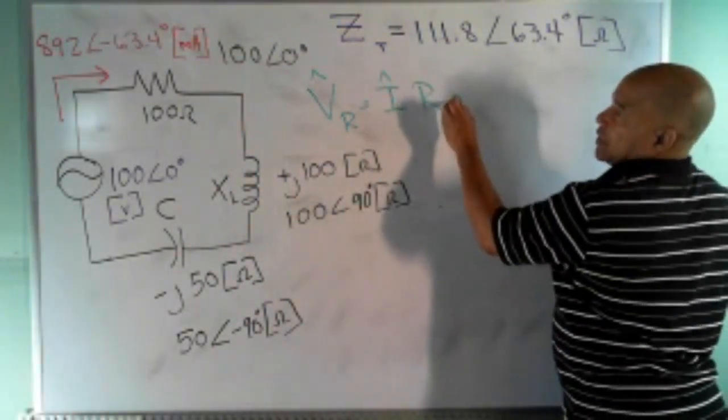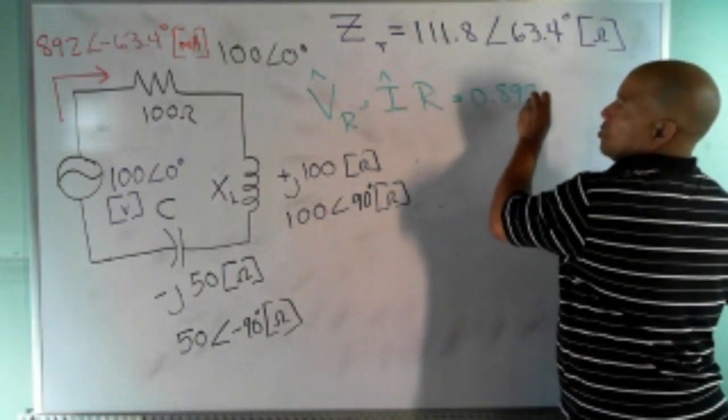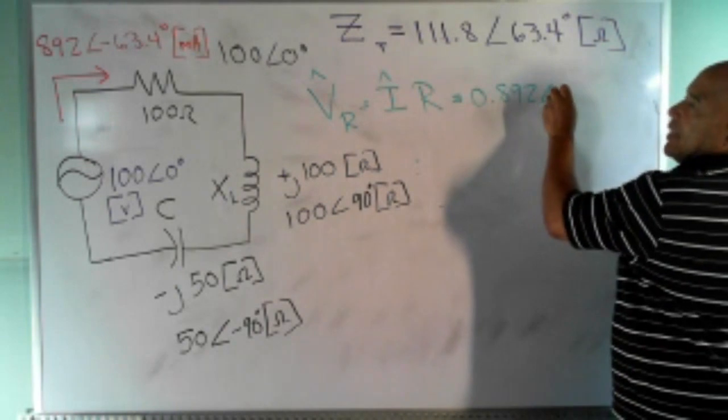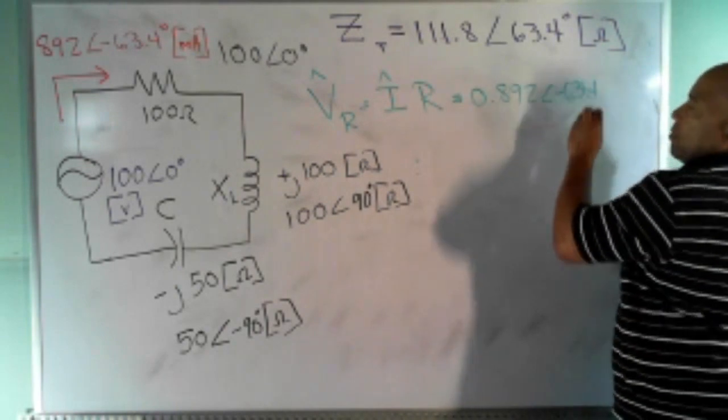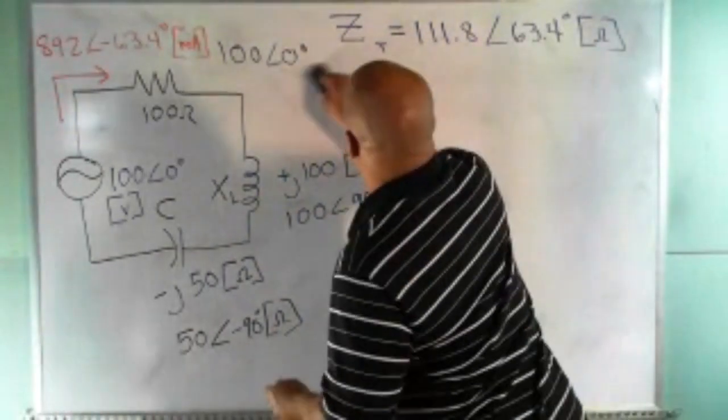Well, I know that this is 0.892 angle minus 63.4. I'm going to run out of space, so I'm going to have to not write the equation.